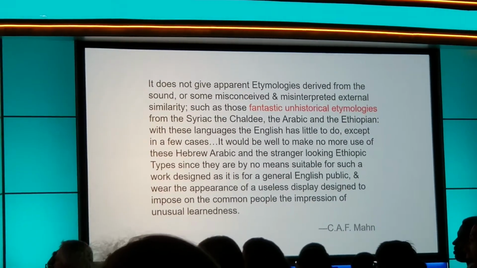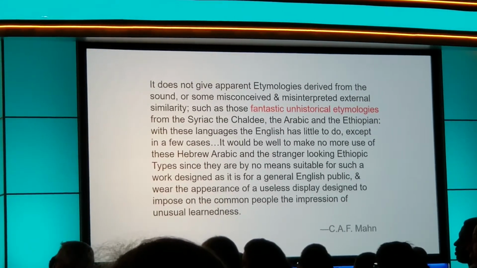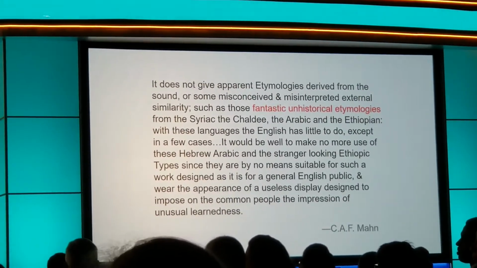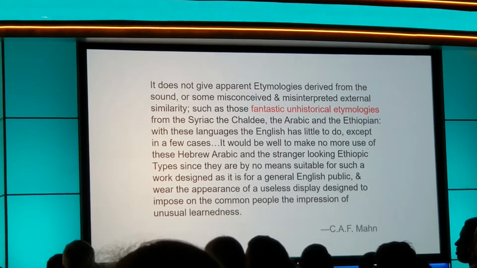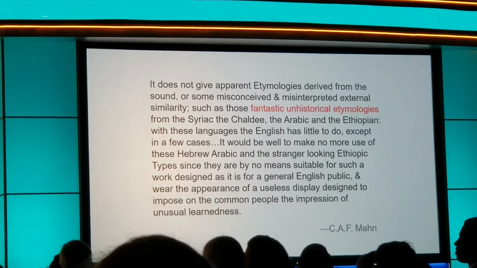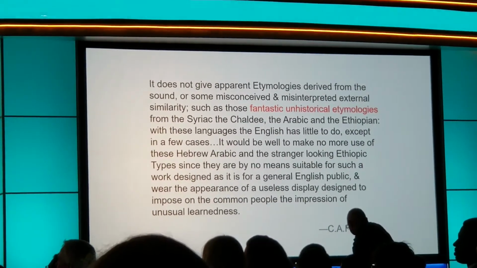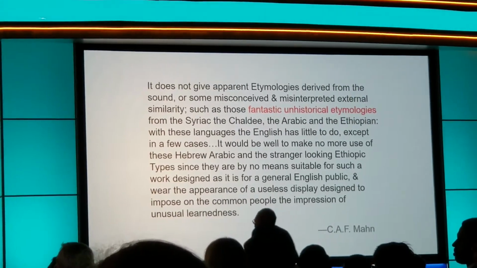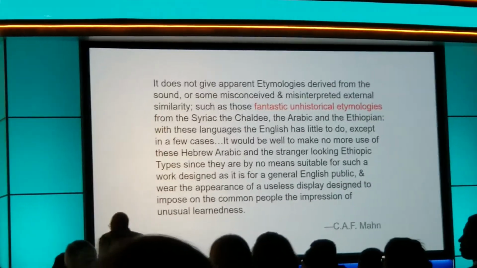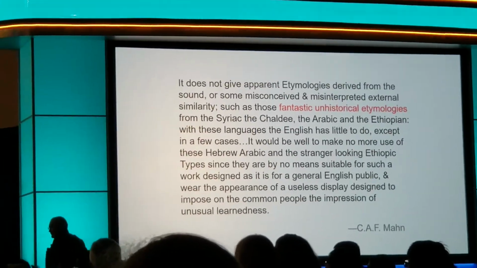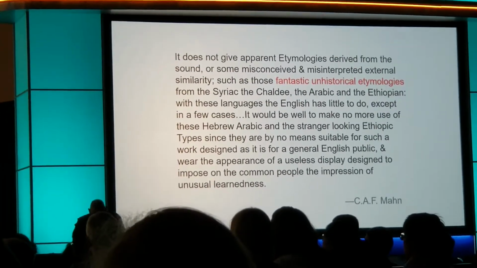And all they do, as he puts it, is give a useless display designed to impose upon the common people the impression of unusual learnedness. In other words, he said, it's showing off. We need to be more utilitarian. We need to be more useful. Why show off that you know these languages when they don't really connect to the roots of English?